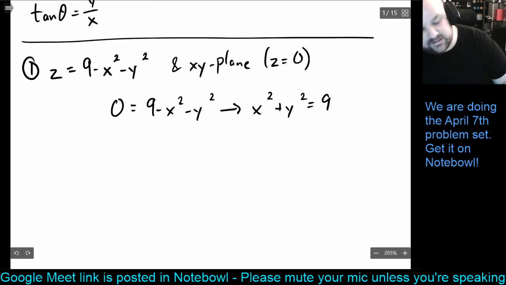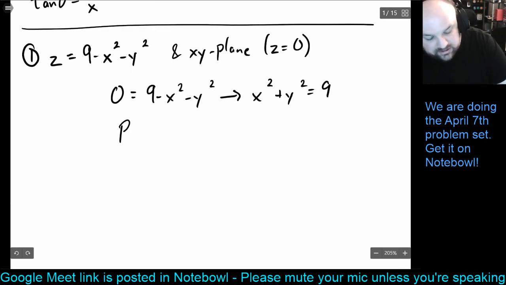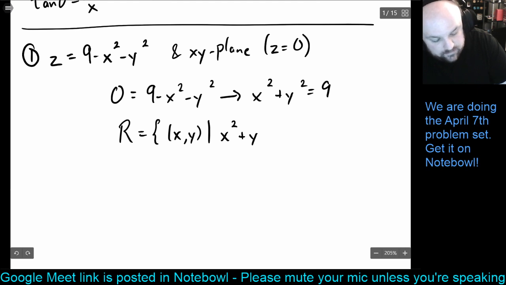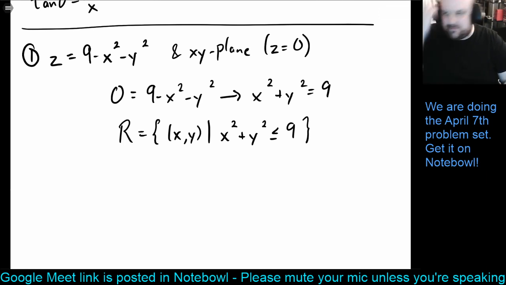So that means the region of integration, the base of this shape here, is the region in the xy plane which is inside the circle of radius 3, because that solid sits everywhere inside that circle.